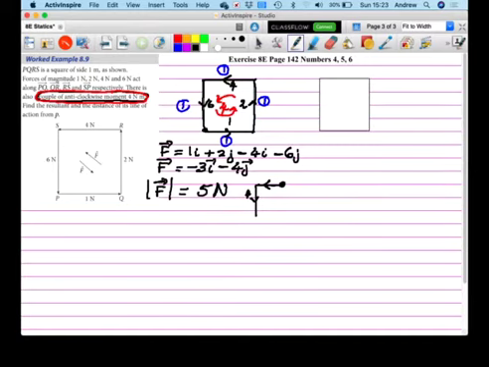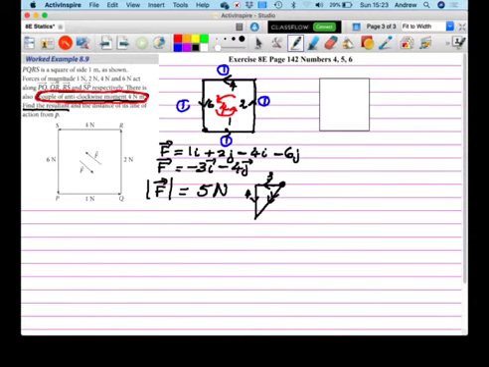So it's 3 to the left, 4 down, which gives us a resultant force which is going in that direction. Okay, so we have found the resultant.